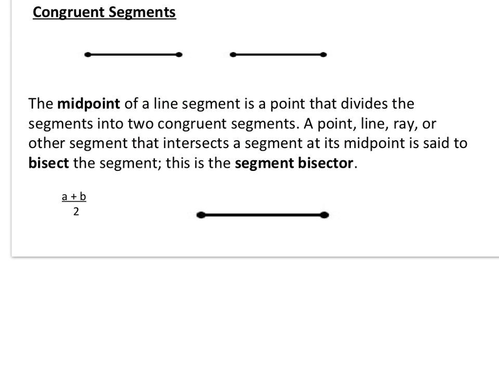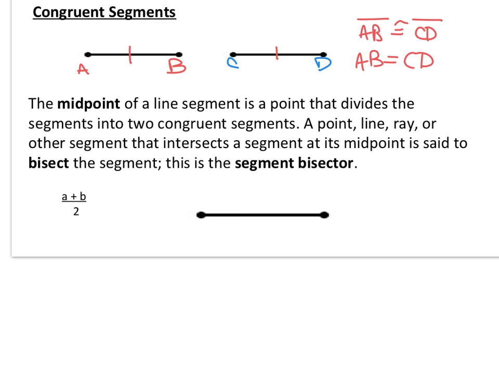Congruent segments. So if I labeled this segment A, B, and this segment C, D, to show that they're congruent, I put the same number of dashes on them. So this shows me that AB is congruent to CD. You could also write it as their measures are equal.